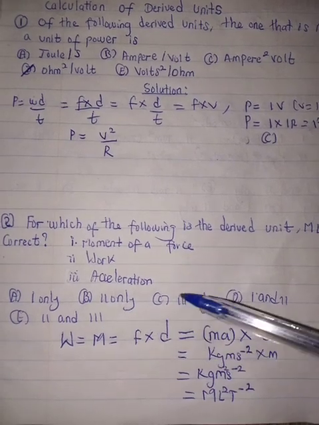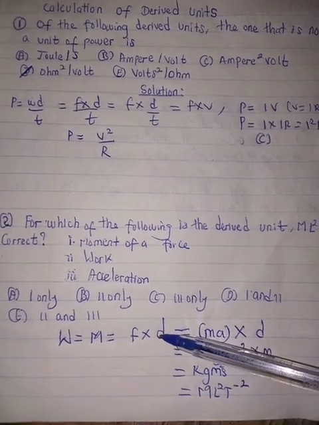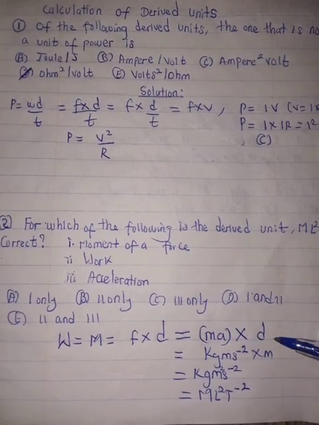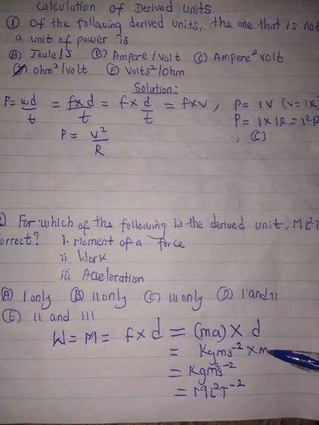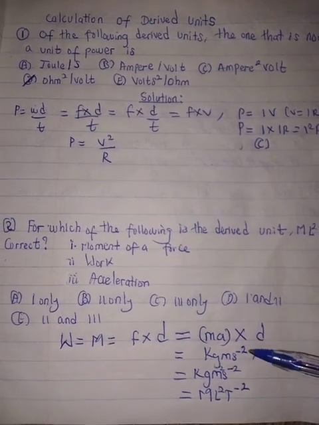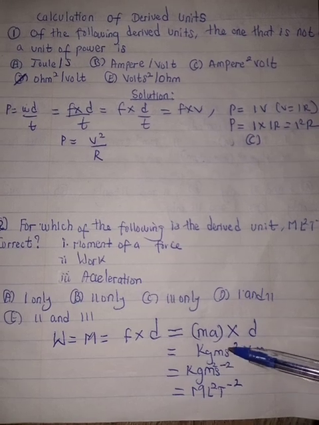So work equal to moment, force times distance, then force is mass times acceleration times distance. Distance is in meter, mass is in kilogram, acceleration in meter per second square.